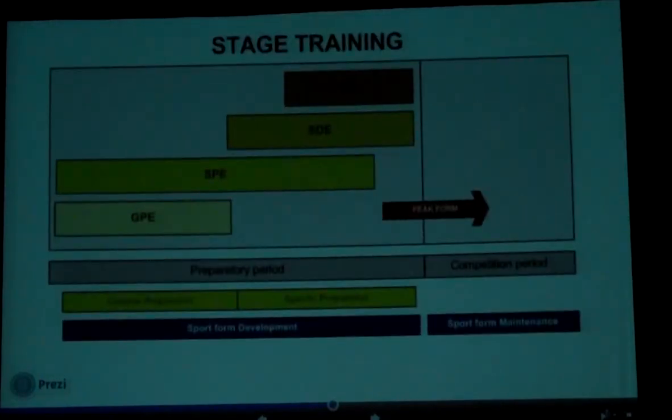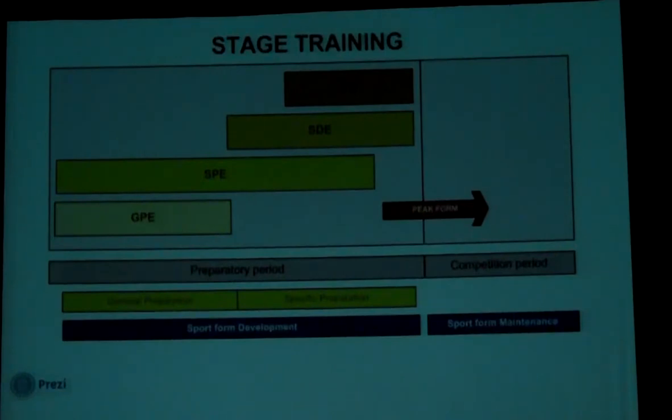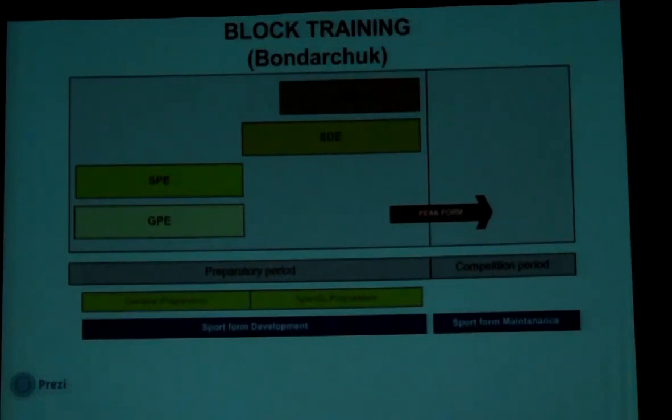So based on the distribution of these four components, we can build up different training systems. According to Bondarchuk, this is the traditional way of putting all those bricks together. I'm not going to spend much time going into these graphs.